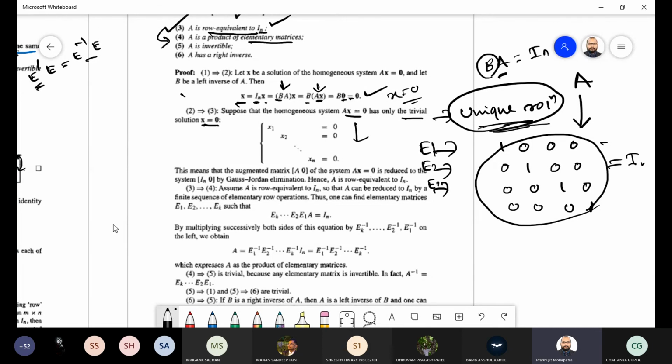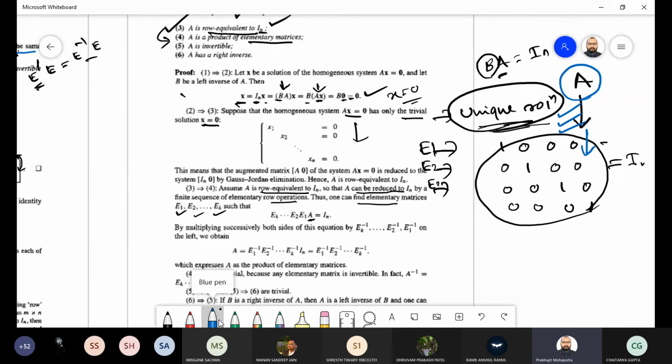So from 3 to 4, assume A is row equivalent to the identity matrix, so that A can be reduced to In by a finite sequence of row operations. Thus one can find elementary matrices E1, E2, ..., Ek such that, initially we were given A, and we are doing row operations to get the identity matrix.